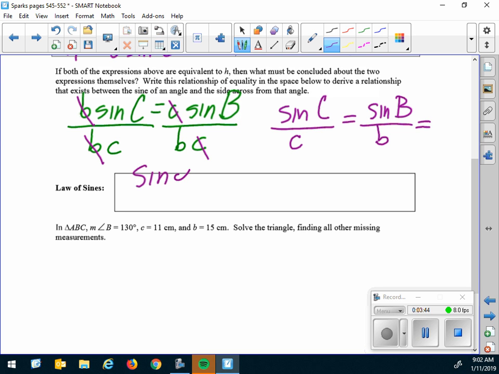So I can write sine of alpha over A equals sine of beta over B equals sine of gamma over C. I like writing it that way because instead of saying sine A over A, it makes it sound like the A's are the same thing when they're not. One's a side and one's an angle. This equation is really powerful. You will be able to use that on lots and lots of different kinds of triangles.